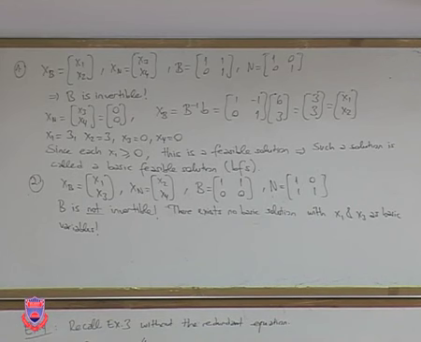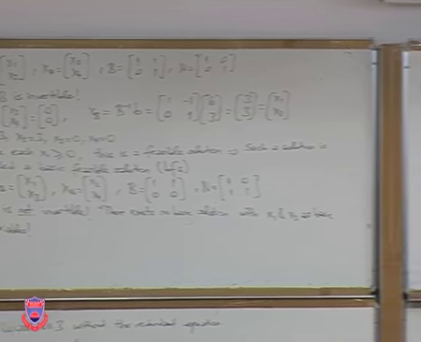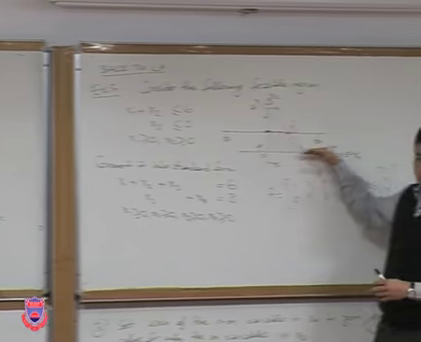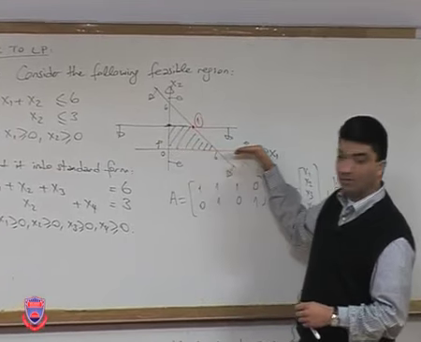Now let me just try to illustrate what that means in terms of this picture. First of all, I'm setting x2 and x4 equal to 0 in the second example. When x2 is equal to 0, that means I'm on the horizontal line here, exactly on the x1 axis.